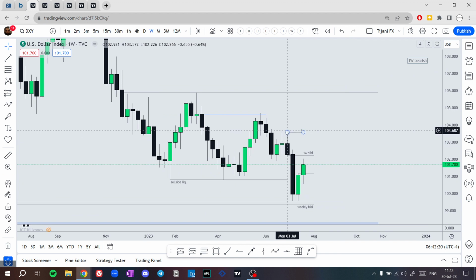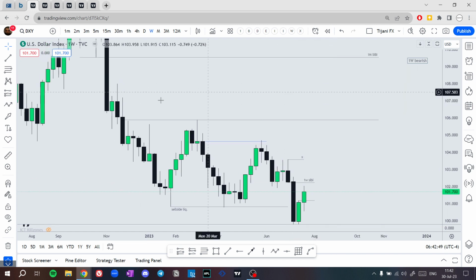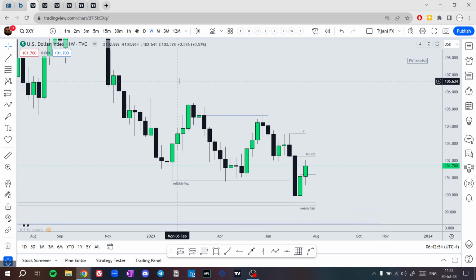If price checks this high, I'm expecting the weekly to continue lower as the IF is still bearish, but if price takes this high, this is the invalidation level of our IF, and we're gonna switch to bullishness for price to check these equal highs right here. This buy side liquidity, these highs here are equal, to check all these buy stops above these equal highs and fill in this monthly CB, right?